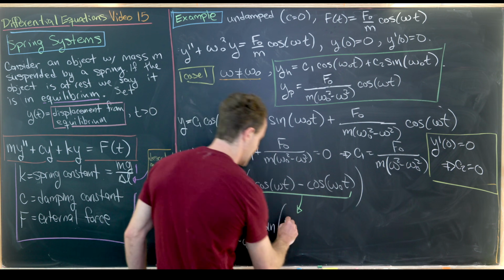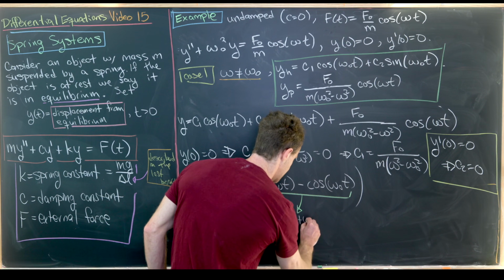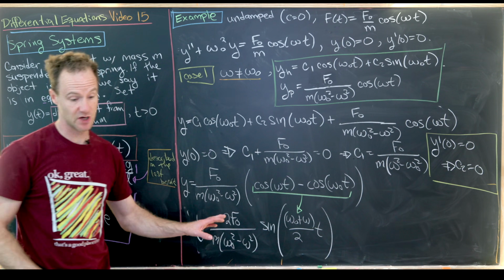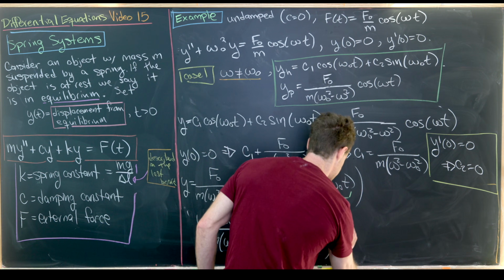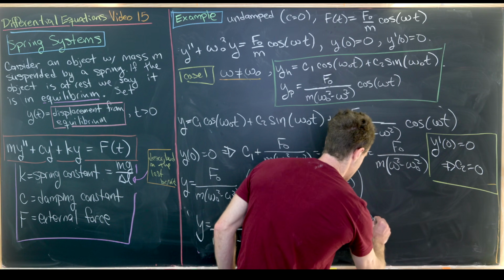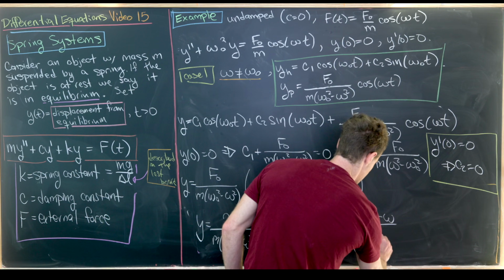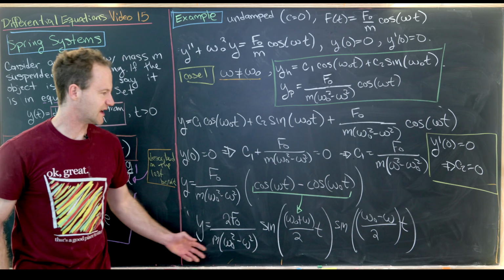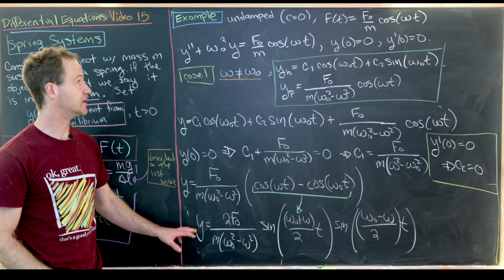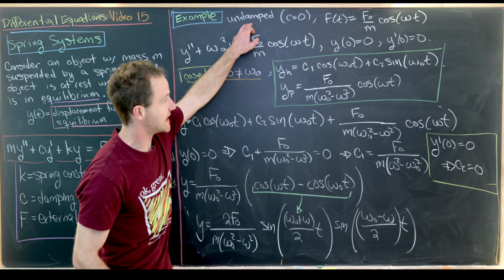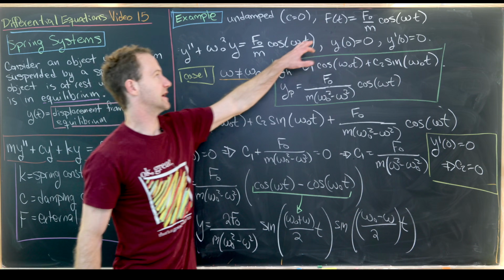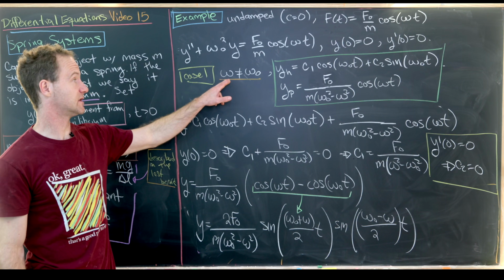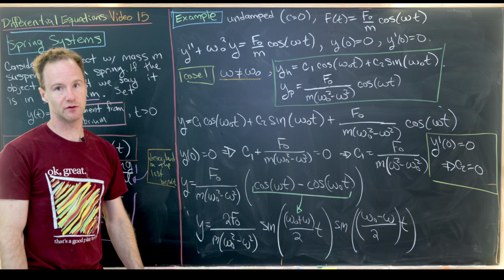We'll have sine of omega naught plus omega over 2 times t. Good. And then we'll have the sine of omega naught minus omega over 2 times t. Great. And that would be a nice final solution for this undamped harmonic oscillator with the following forcing function. And this is still in the case when omega is not equal to omega naught.